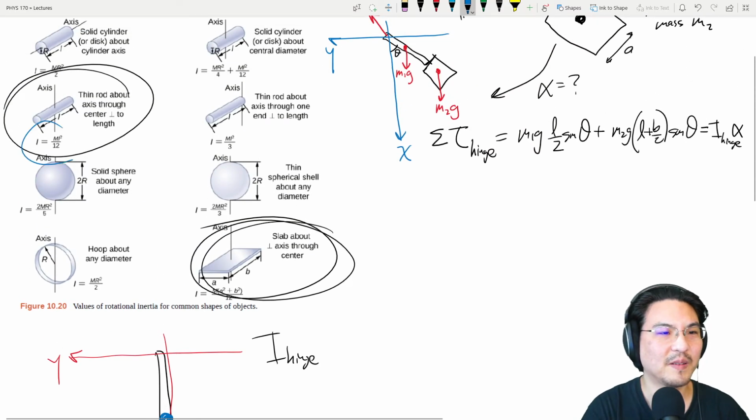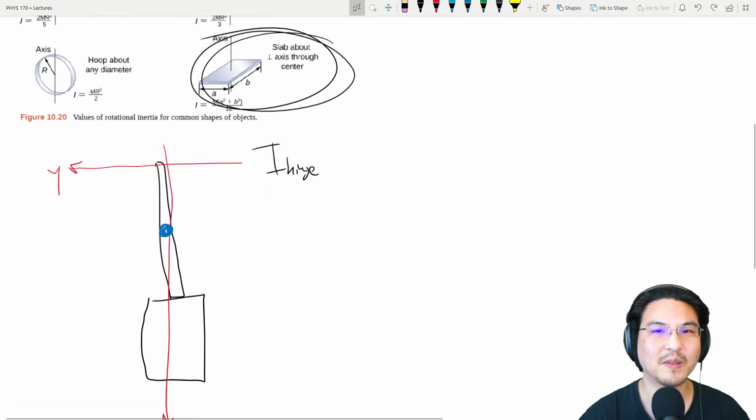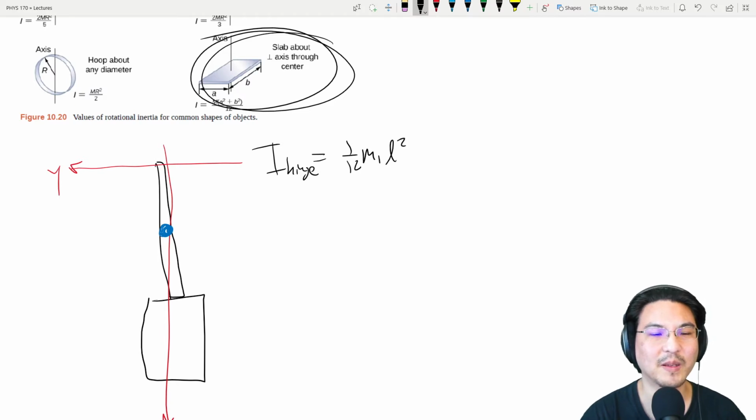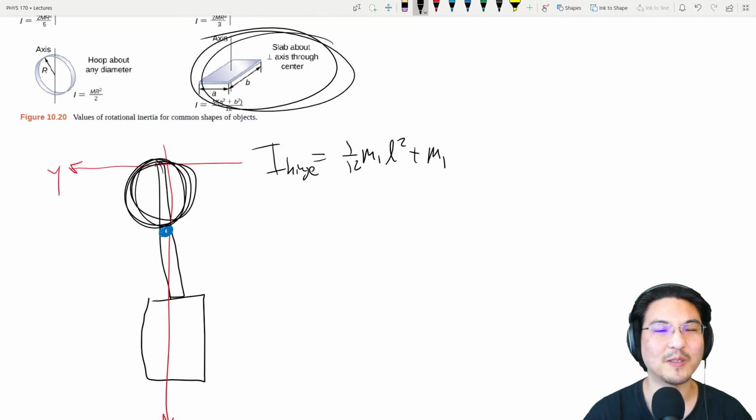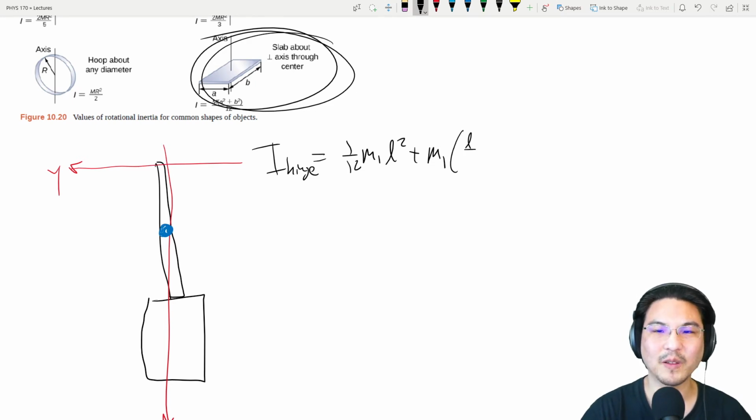Right here, 1/12 M1 L squared. But we want to rotate about the hinge. So we have to do the parallel axis theorem. So plus extra. How much extra? The mass of the bar times the distance between these two parallel axes squared. So that would be L/2 squared.